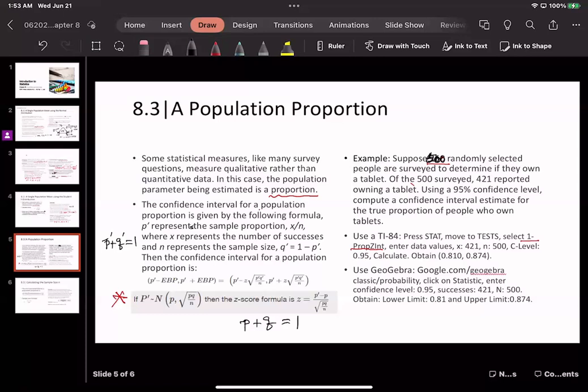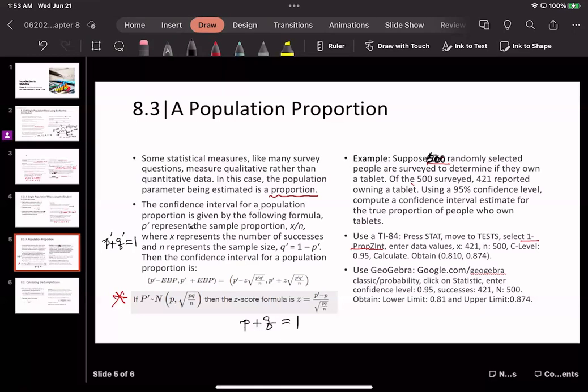Calculate and obtain an interval of 0.81, 0.874. We can round off to 3 decimals, or 2 decimals as desired. Usually we keep 3 decimals for proportion estimation.